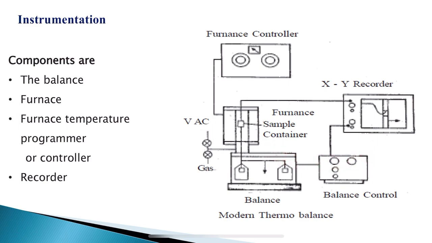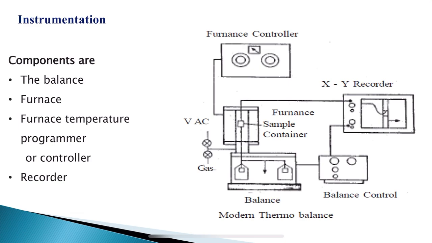The principle of thermogravimetry is based on the simple fact that the sample is weighed continuously as it is being heated to elevated temperature. As the temperature goes on decreasing or increasing, we measure the weight of the sample.